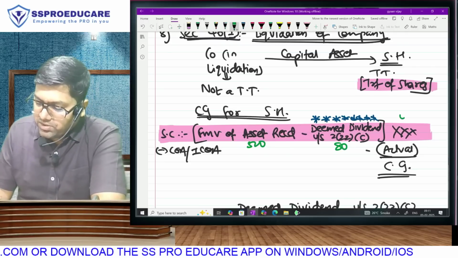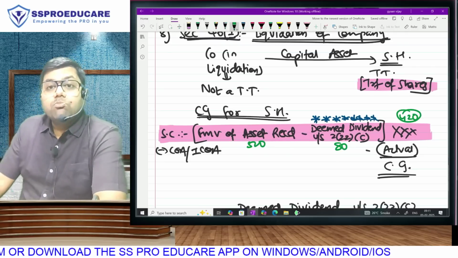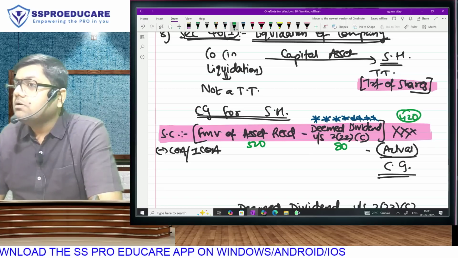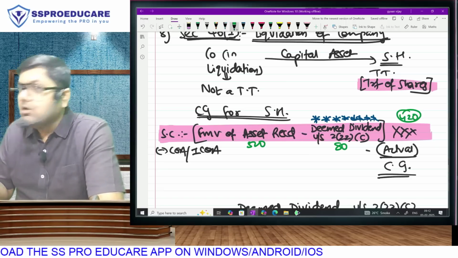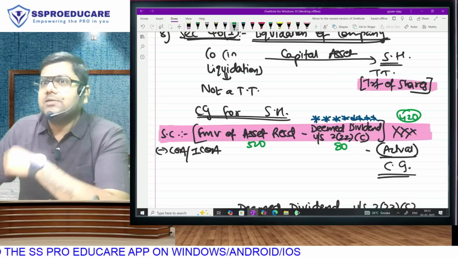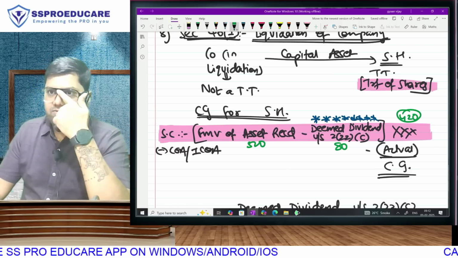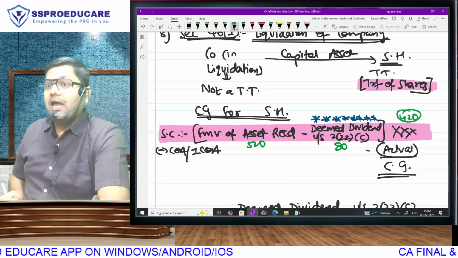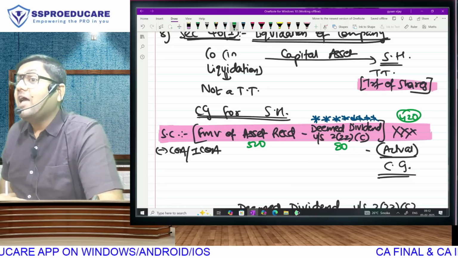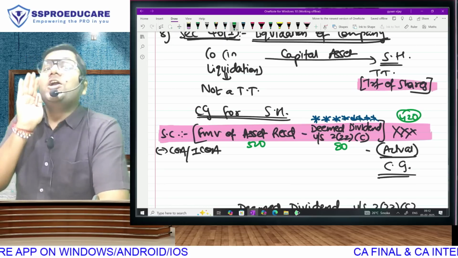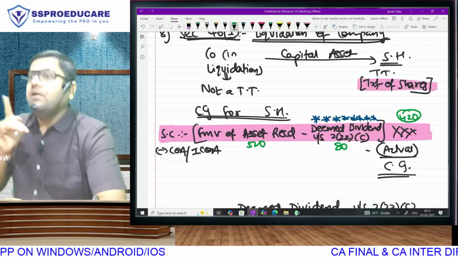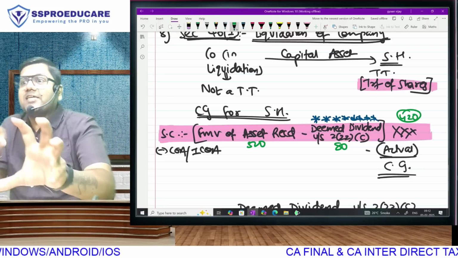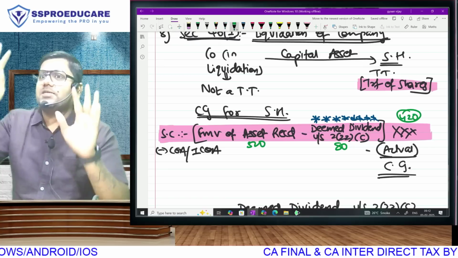So in capital gain, how much am I taking? 420. So 80 exempt? No, sir, 80 is also taxable. 80 will be taxable under IFOS. And that 80 is deemed dividend. Have we made tall announcements? Dividend, dividend, dividend. We have secretly given you the asset. That asset includes profits and your shares in the company, both.